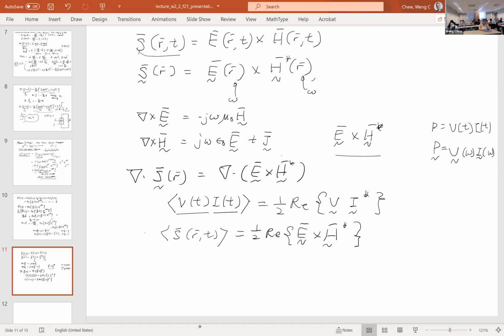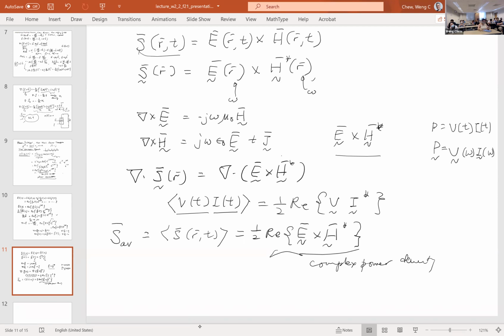So this is usually called the time average Poynting vector, and it's half the real part of that. And you will find that a complex Poynting vector corresponds to something which is complex.